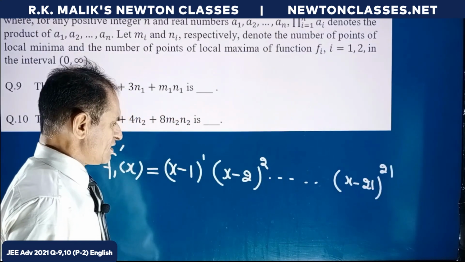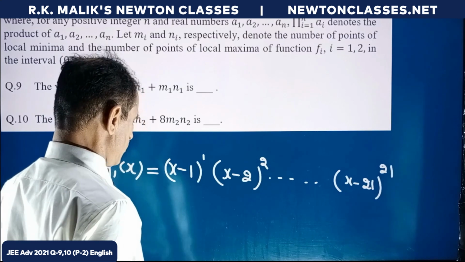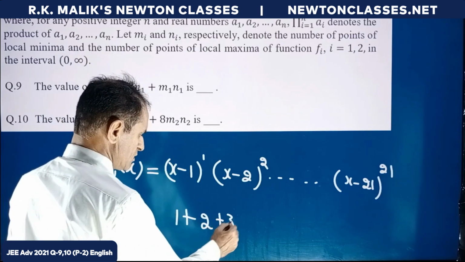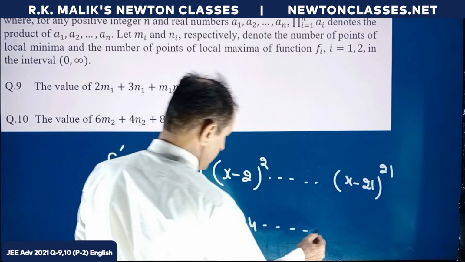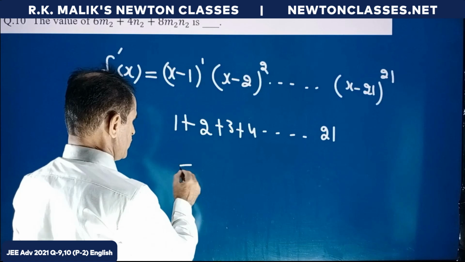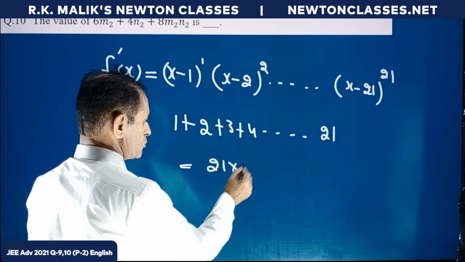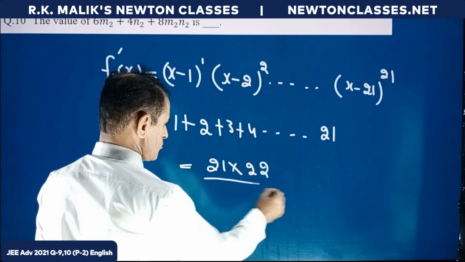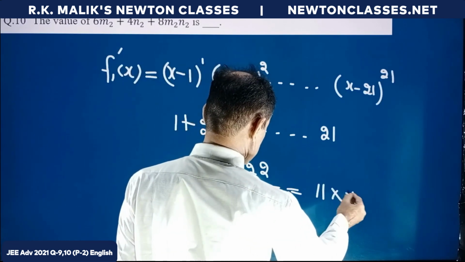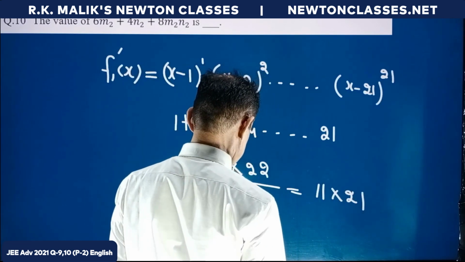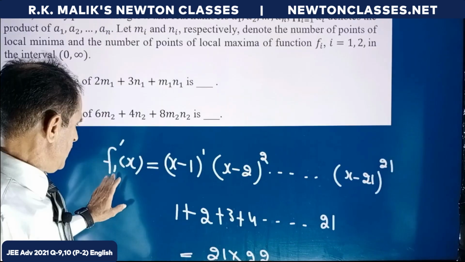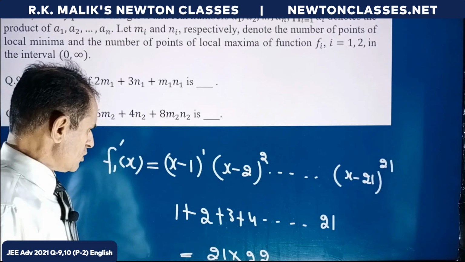And it is clear that the degree of this will be 1 plus 2 plus 3 plus 4 up to 21, which will be 21 into 22 by 2, that is 11 into 21, that is it is odd. Hence it is an odd degree equation.